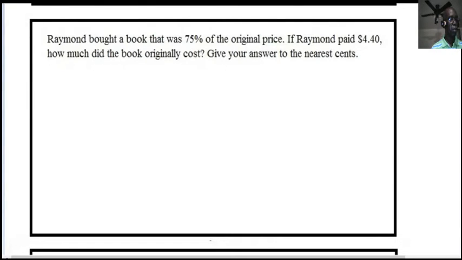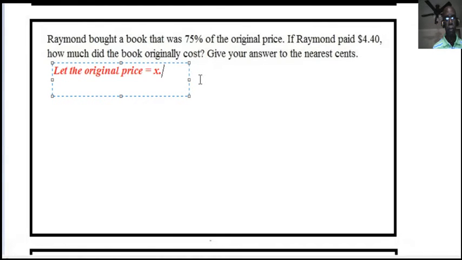Let the original price be represented by x. Seventy-five percent of x, the original price, equals $4.40.